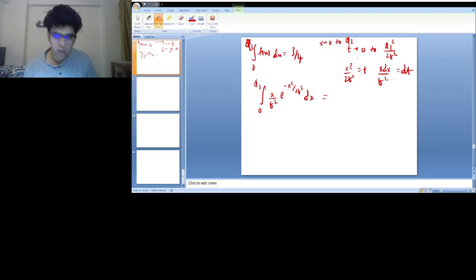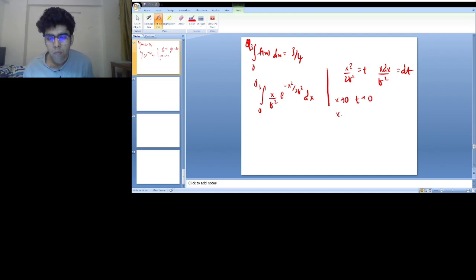So let me just erase all of this now and write this in a more dignified way. So when my x goes to 0, my t goes to 0, and when my x goes to q3, my t goes to q3 square by 2b square, right?